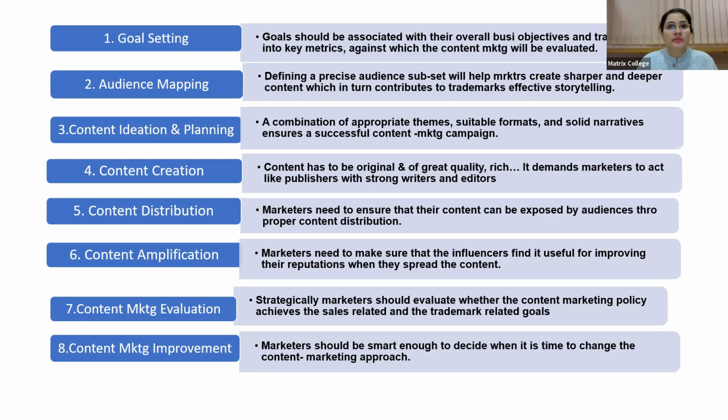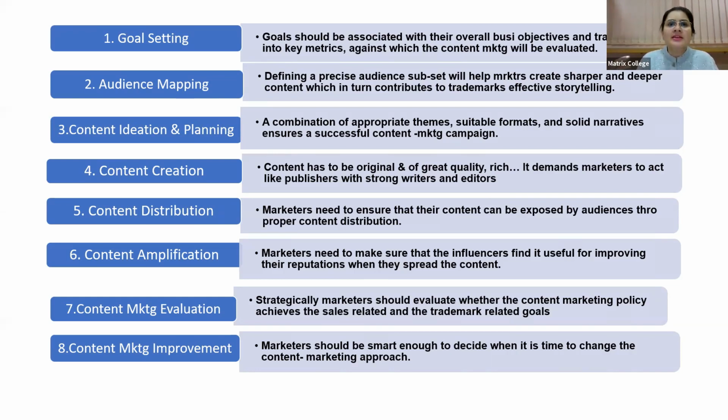content distribution. Now, when I talk about content distribution, high quality content is unworkable unless it reaches its intended audience. In a sea of contents, it is easy for a particular content to get lost in transmission.